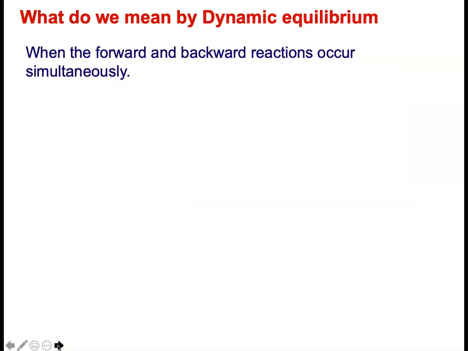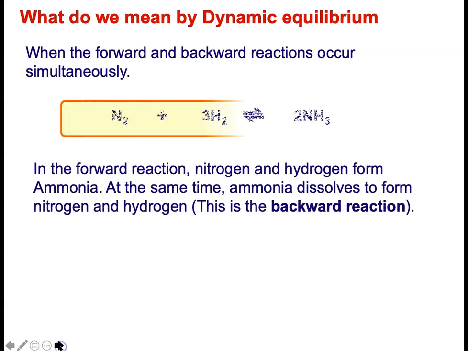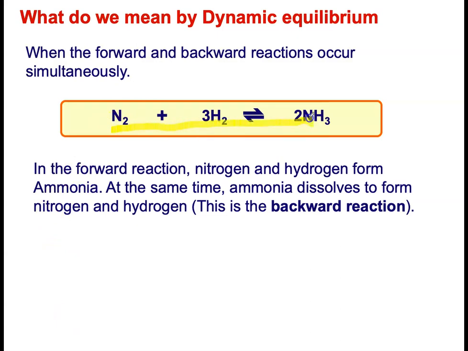When the forward and backward reactions occur simultaneously, i.e. they occur at the same rate, we call this a dynamic reaction or dynamic equilibrium, we'll say. Dynamic means that the forward reaction, this one, forming ammonia, happens at the same rate as ammonia forming nitrogen and hydrogen.